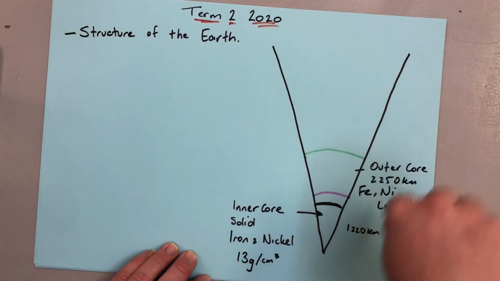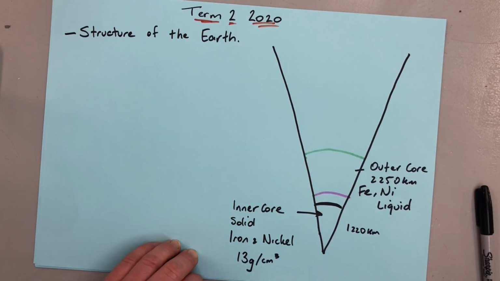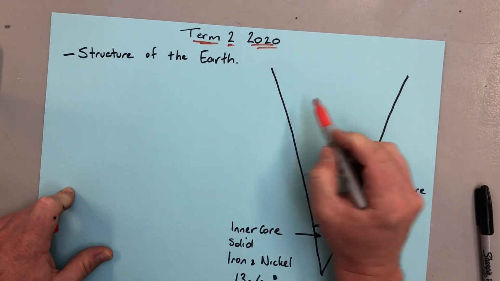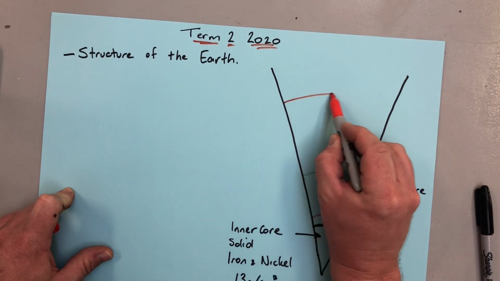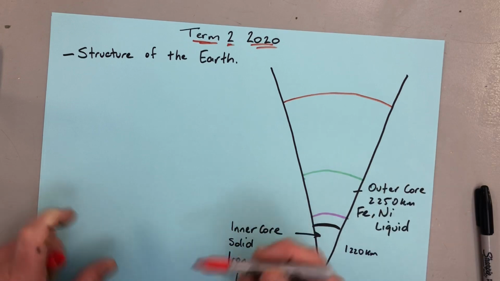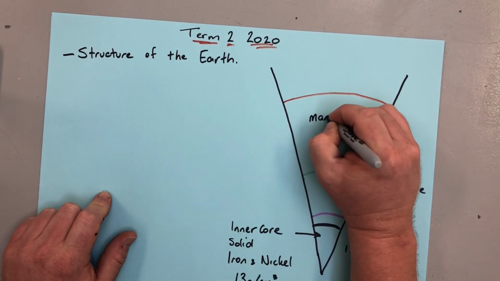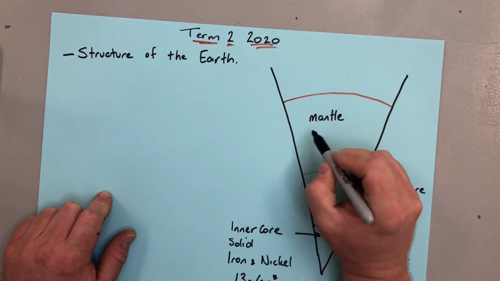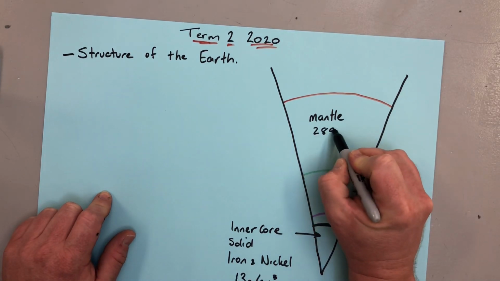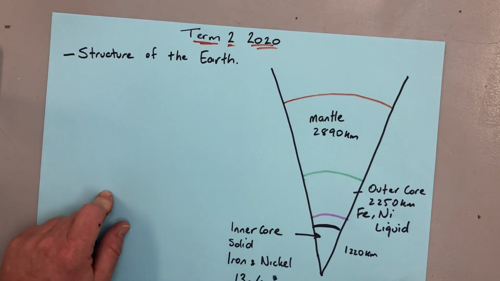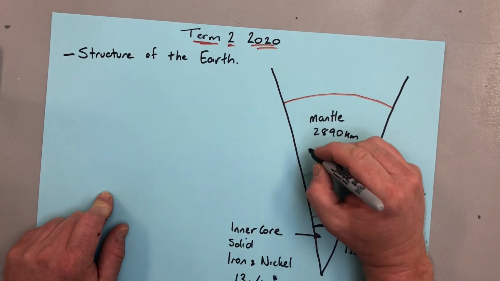So we have our outer core and we have our inner core. Let's move on to the mantle. I'm going to draw my mantle here. Again, not to scale, guys. Here's our mantle, about 2,890 kilometres deep. It's made out of molten rock.